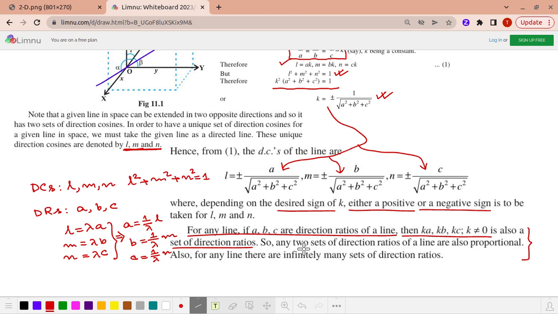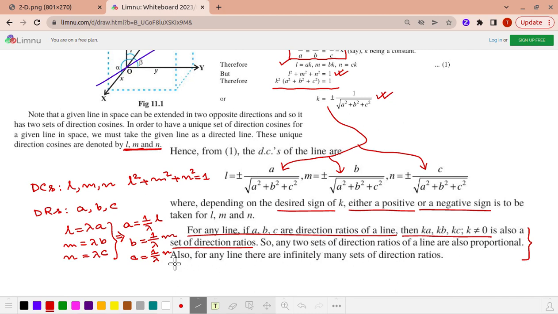So any two sets of direction ratios of a line are also proportional. Obviously, if a, b, c are direction ratios, then ka, kb, kc are also the direction ratios of the same line. So you see a, b, c and ka, kb, kc are proportional.